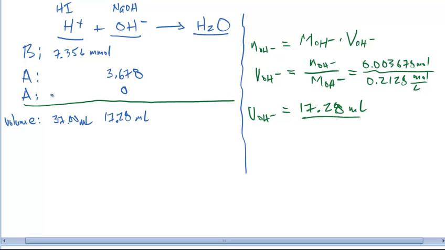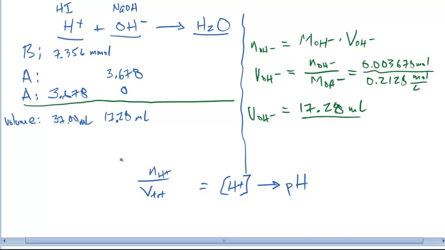It's all been reacted by H plus, and you'll have this many millimoles of H plus left, sitting in a total volume equal to the sum of these two volumes. To keep our eye on the ball, what we really want is pH, and to get to pH, we need to know the H plus concentration. To know that, we need the number of moles of H plus in the total volume. Now we've got all that information.